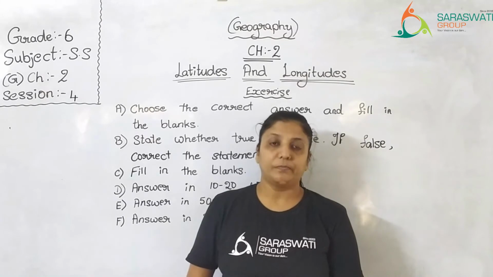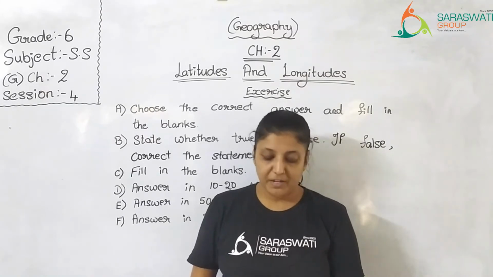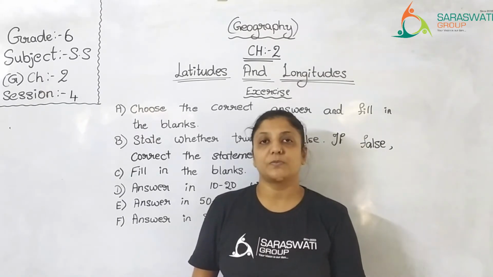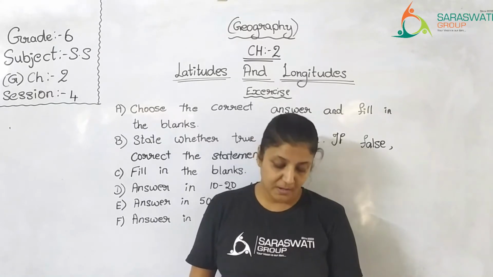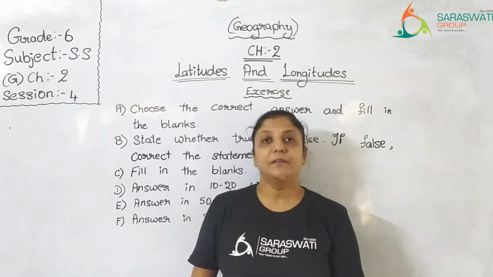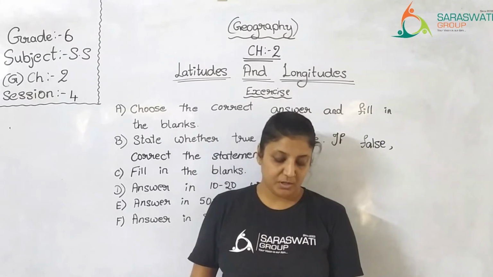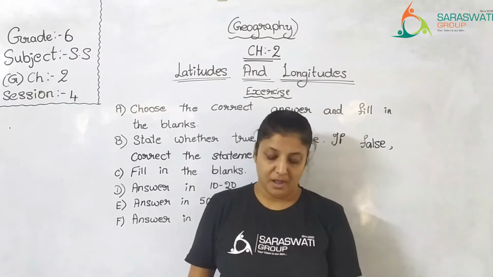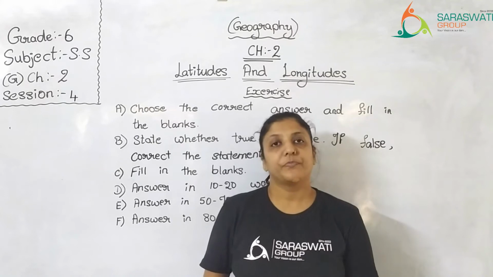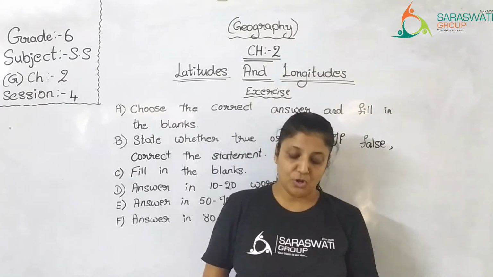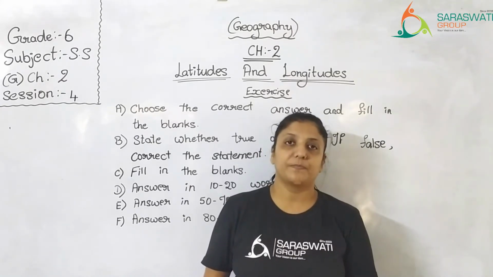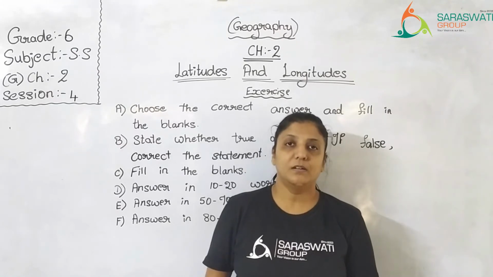Number 5. The prime meridian passes through dash. Options are Greenfield, Greenwich, Greenshire and Greenwood. Right answer is option B, Greenwich. Clear?